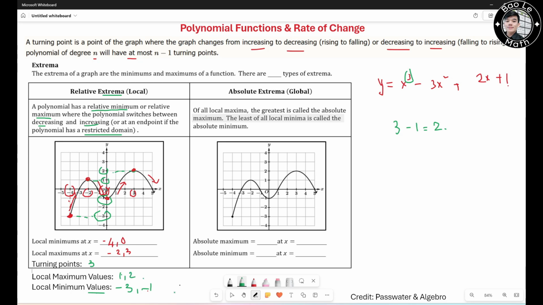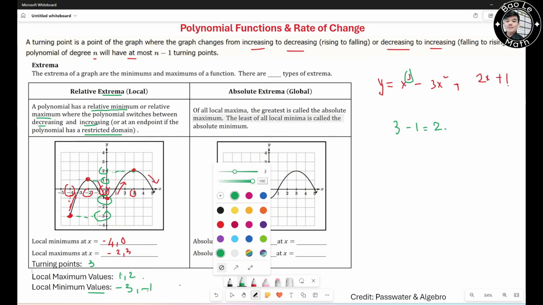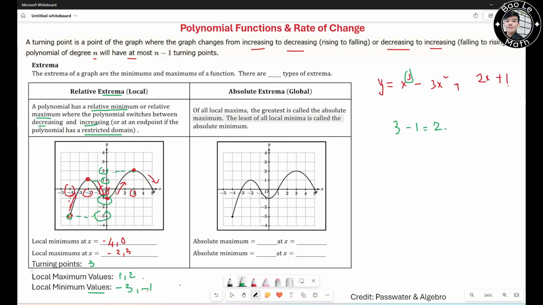Now, if the question asks you to find the local maximum points and the local minimum points, you need to say the local minimum points are this guy right here, which means -4, -3. So you have (-4, -3), and then the second one is going to be (0, -1).